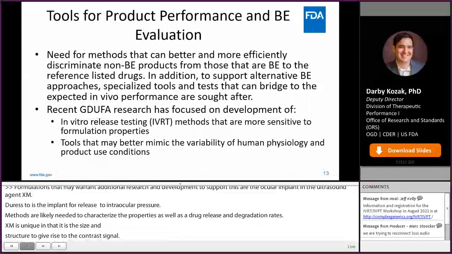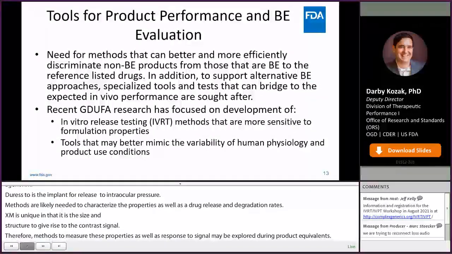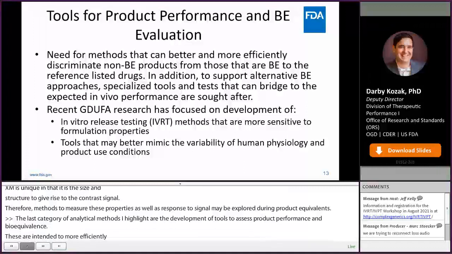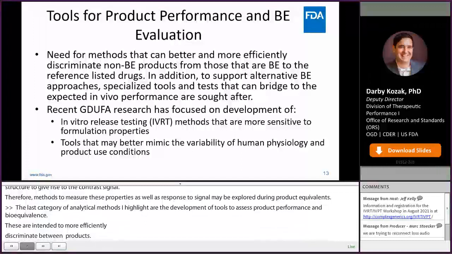The last category of new analytical methods I will highlight are the development of tools to assess product performance and bioequivalence. In general, these tools are intended to more efficiently discriminate between bioequivalent and non-bioequivalent products. In addition, these tools can help bridge knowledge gaps of how the critical quality attributes of a product can impact the in vivo performance and therefore may be used to support alternative bioequivalence approaches.